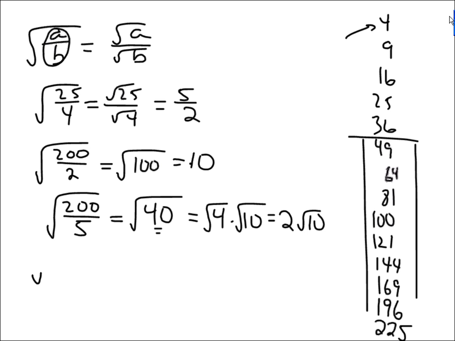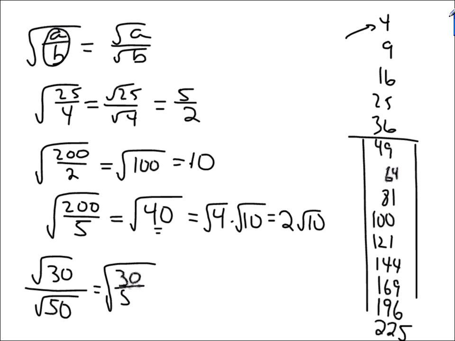Now, let's do another problem. What if you're given the square root of 30 divided by the square root of 50? Well, you don't know the square root of 30, you don't know the square root of 50. So what you can do is say, well, this is the square root of 30 over 50. And at least I can reduce it.